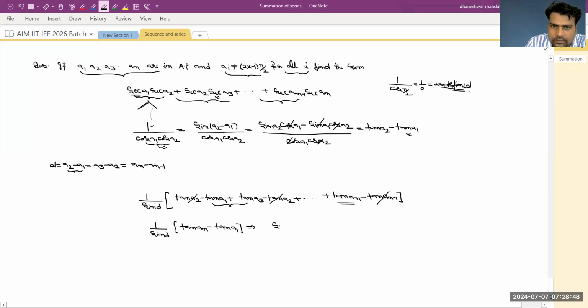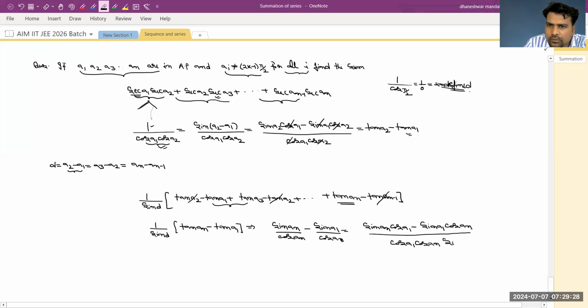Can I write tan in terms of sine and cos? So this term is sine of an over cos of an, minus sine of a1 over cos of a1, all divided by sine of d.